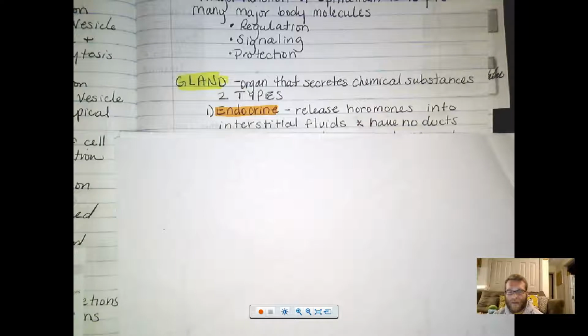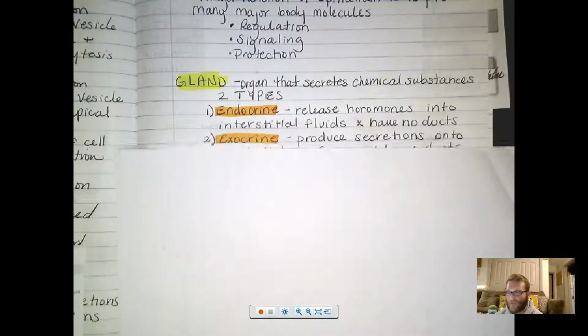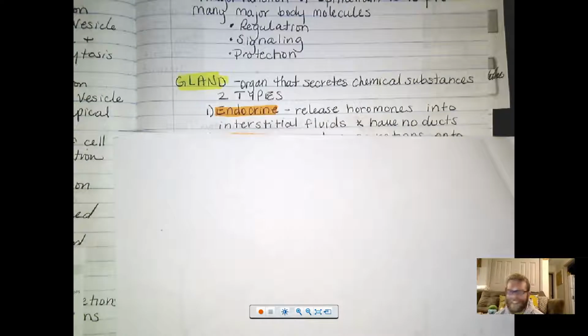Remember, epithelium is going to release that into the interstitial fluid, and it's going to get passed through diffusion to various parts of the body. With an endocrine gland, we're releasing hormones into that space. Your cells are going to react to that increase in the hormone, pass it along through diffusion and carry it from place to place. So that's an endocrine gland, and there are no ducts present.